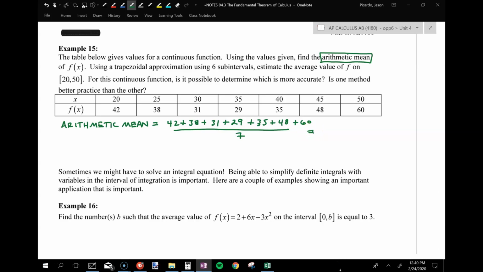And so she does that, and she gets an average of 40.428.